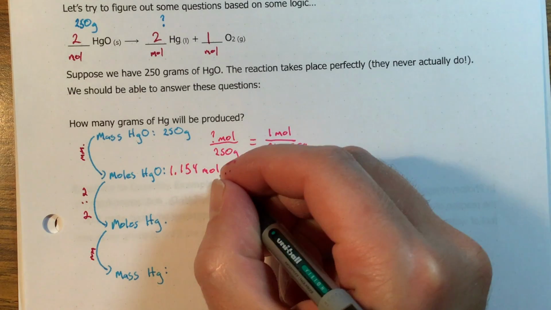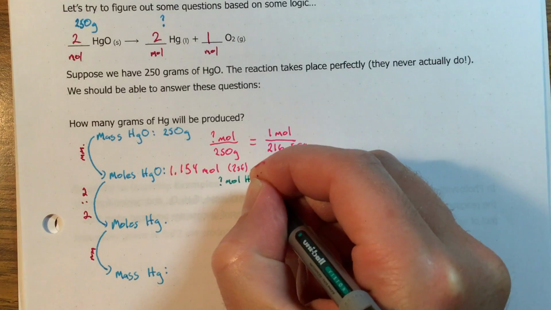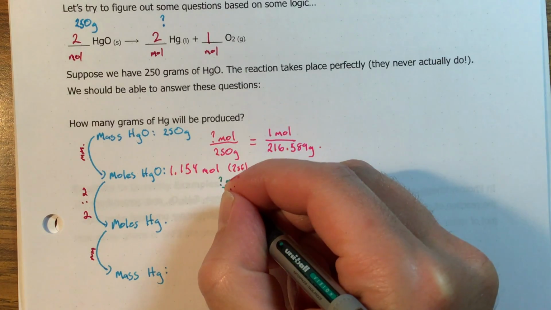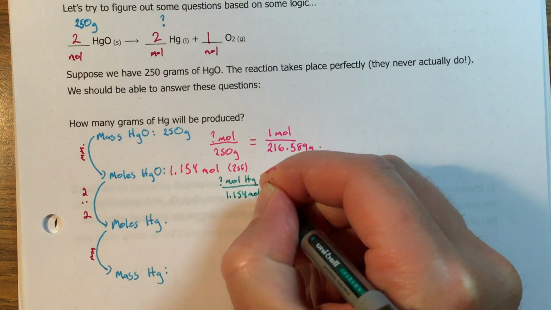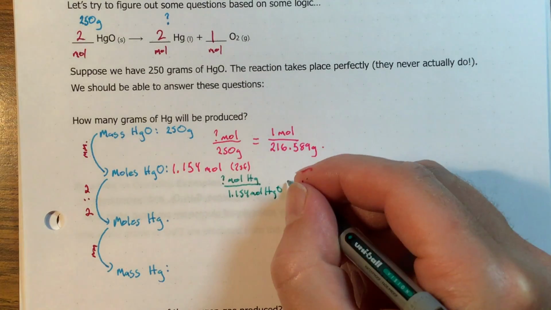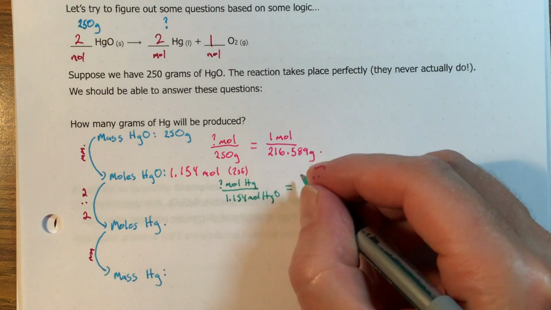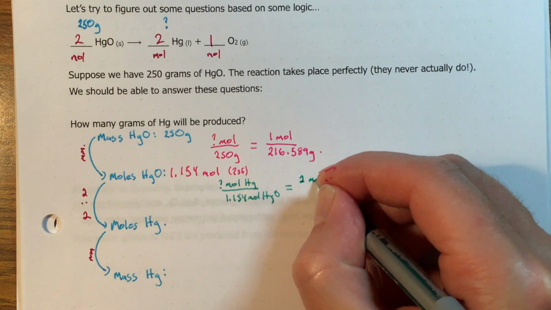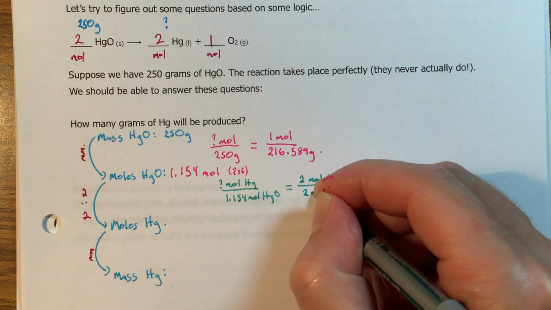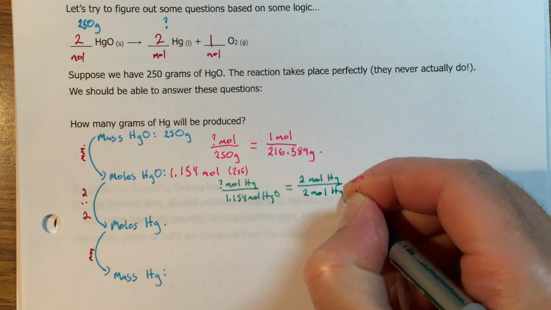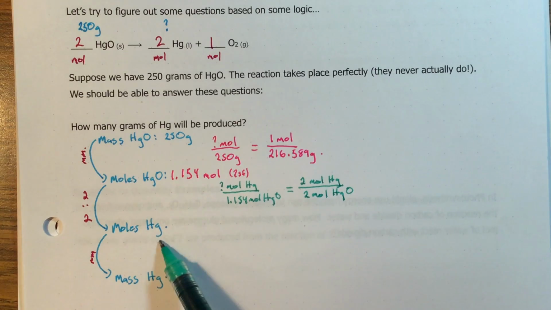Ready? The second conversion. How many moles of Hg are there for every 1.154 moles of HgO if, according to our chemical equation, there are 2 moles of Hg for every 2 moles of HgO? I've got Hg all on the top, that's this guy.